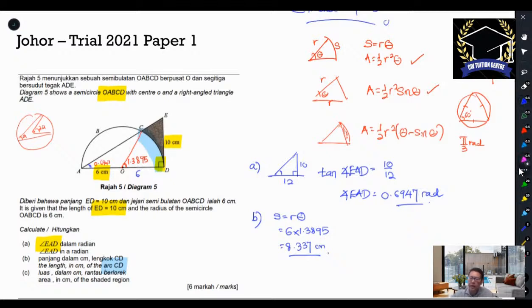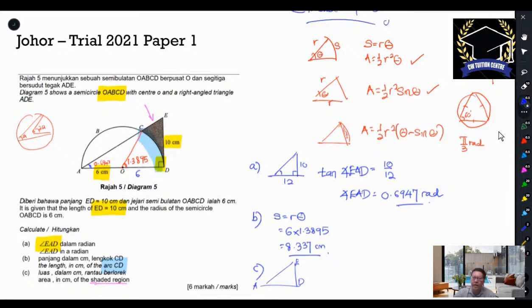The question is asking the area of the shaded region. So this shaded region, find the triangle AED.